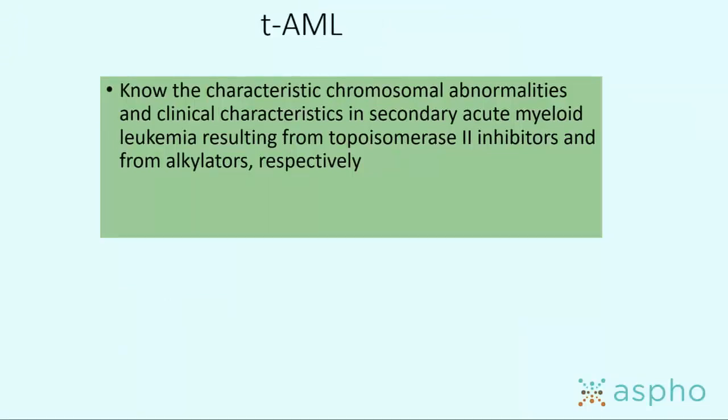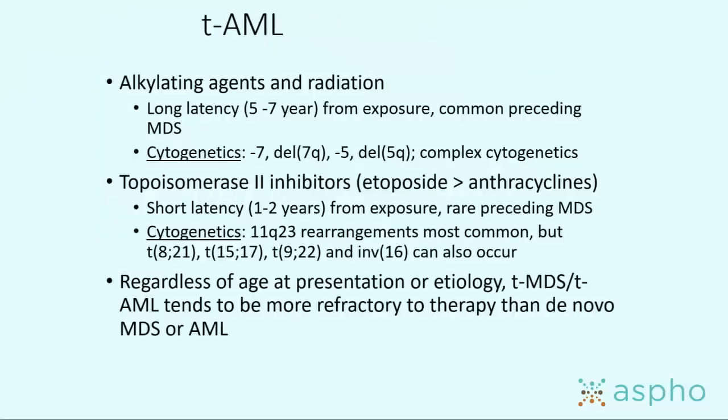So for therapy-related AML, it's important to know that there are 2 characteristic chromosomal abnormalities with different clinical characteristics in secondary AML. This distinction is due to the exposure that caused the secondary or treatment-related AML. So I'd like to cover that. The first exposure is either alkylating agents and/or radiation.